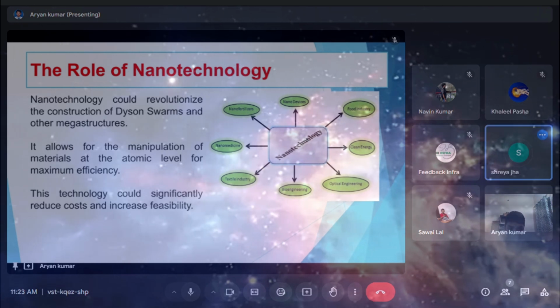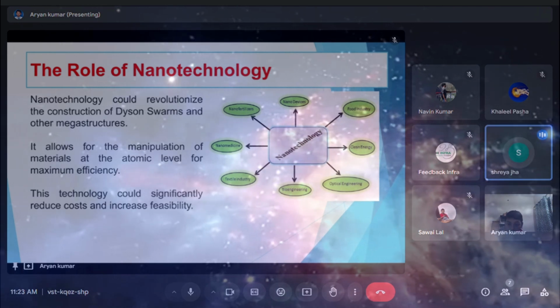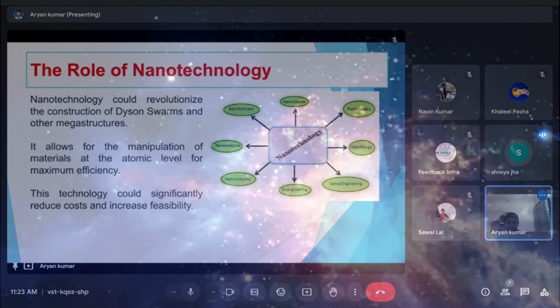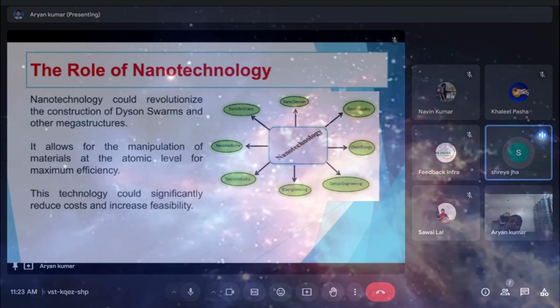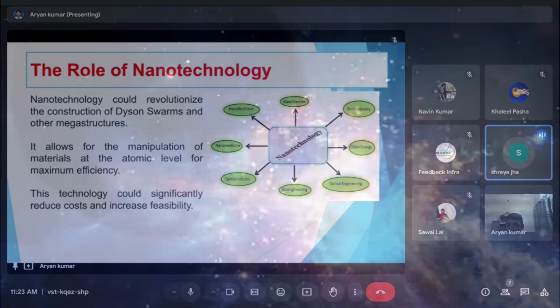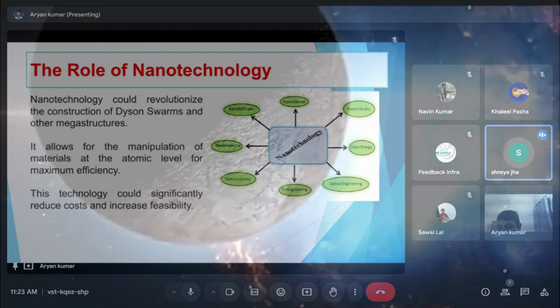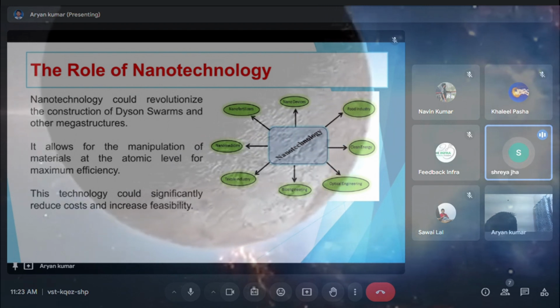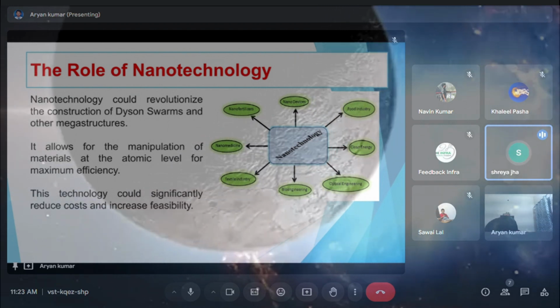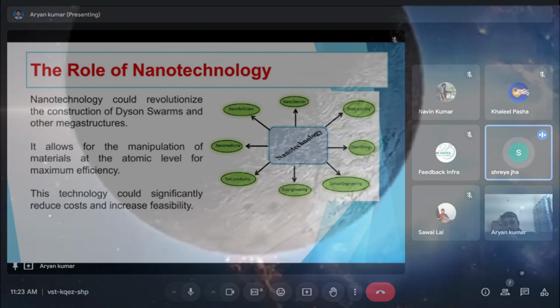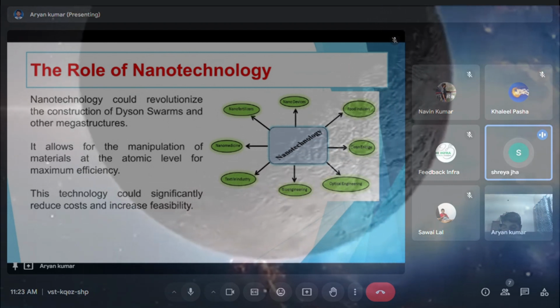The role of nanotechnology. Nanotechnology could revolutionize the construction of Dyson swarms and other megastructures. It allows for the manipulation of materials at the atomic level for maximum efficiency.